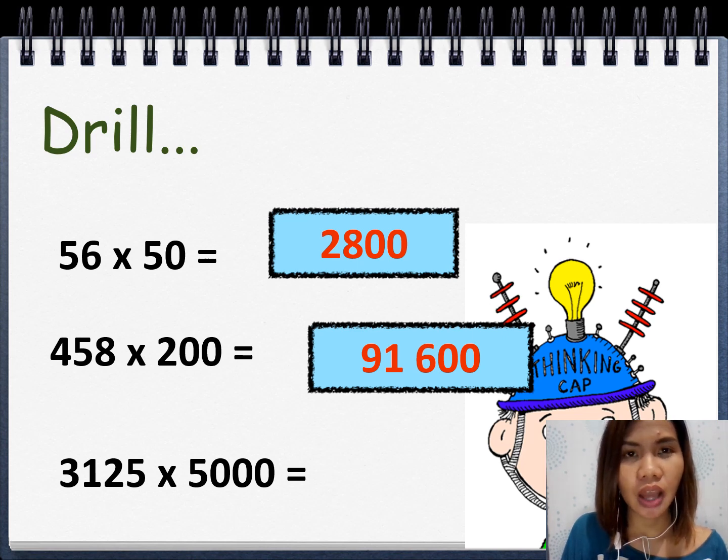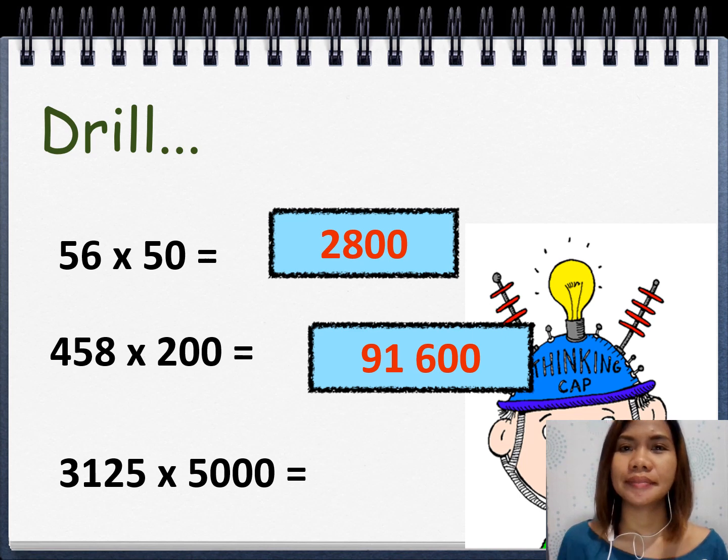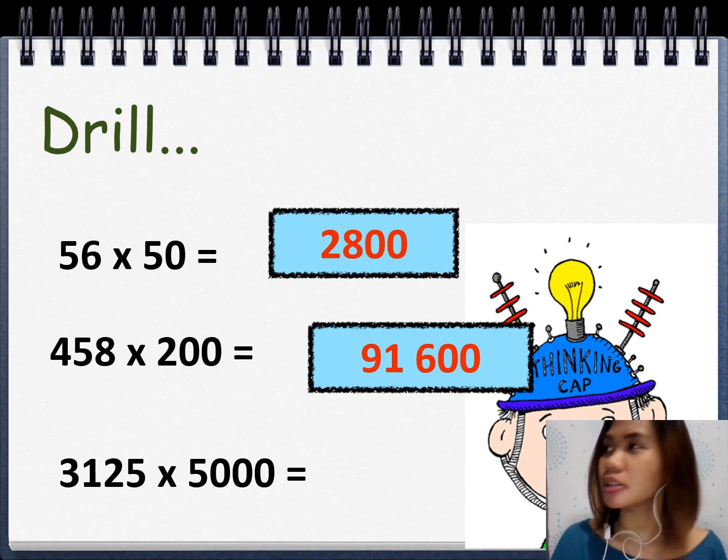Then we have 3,125 times 5,000. So we have 3,125 times 5 times 1,000. So I'll give you 10 seconds for this.